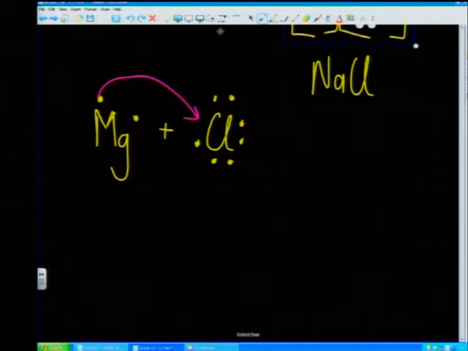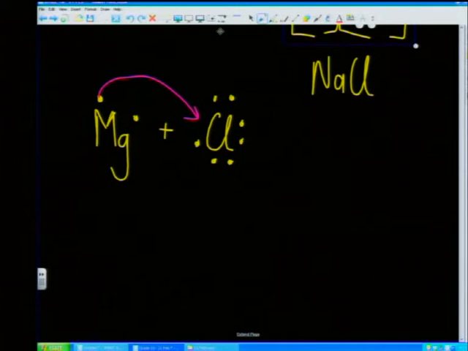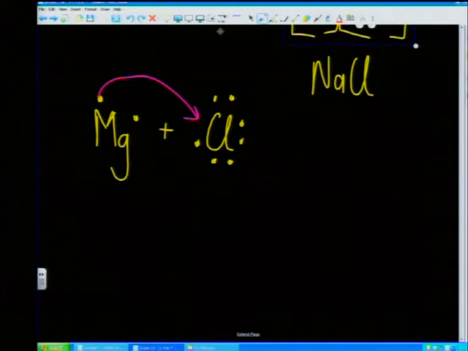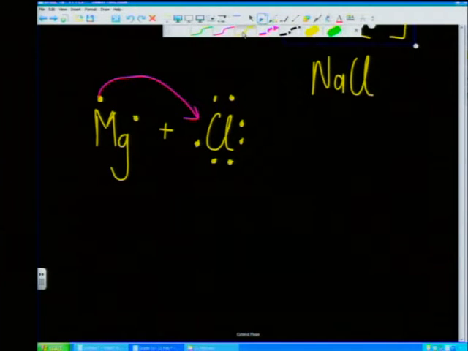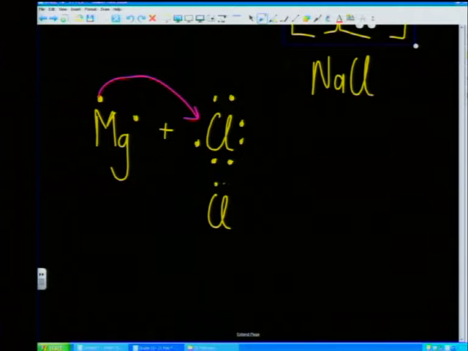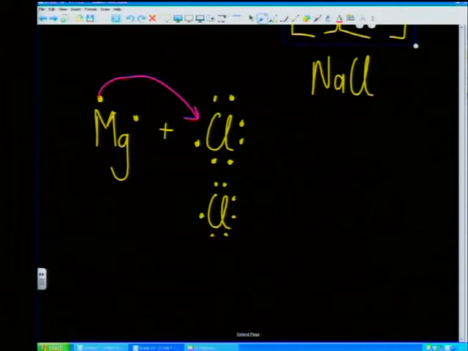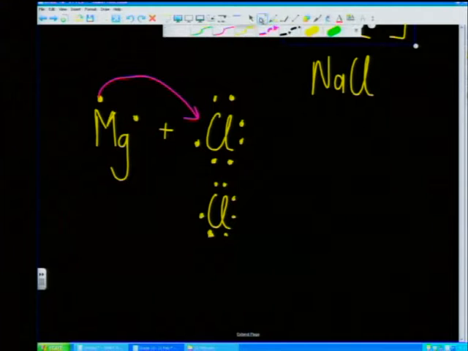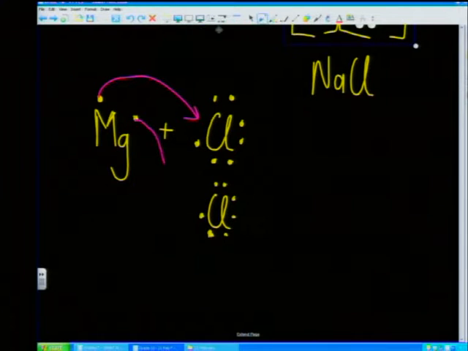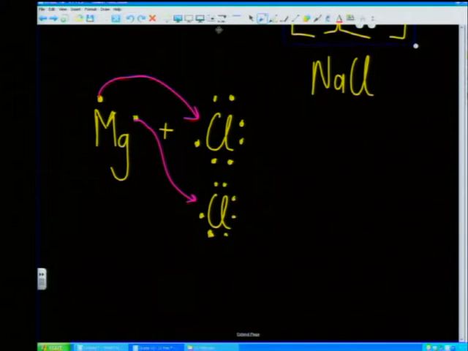Can you guys see that there's a problem here? Because magnesium still has another electron, but chlorine's taken one, which means I actually need to have another chlorine here. And what's going to happen now is my magnesium's going to get very happy because it's going to give its electrons away. How do we represent this now? Because we don't want to have to keep drawing everything.